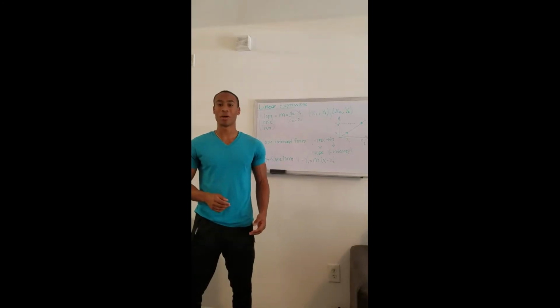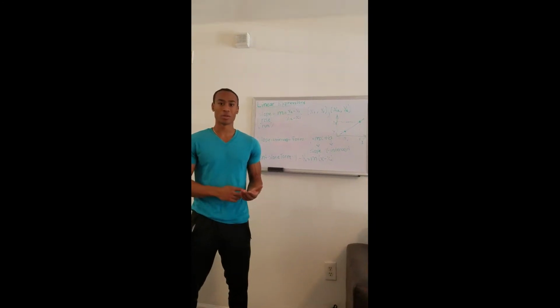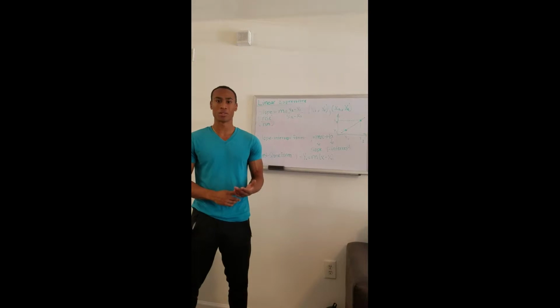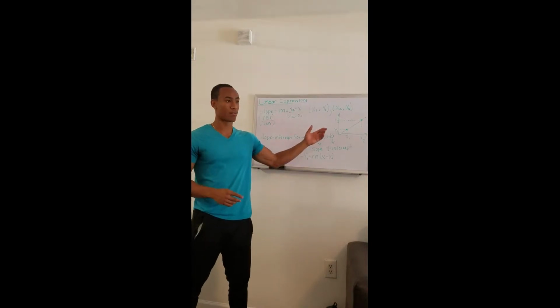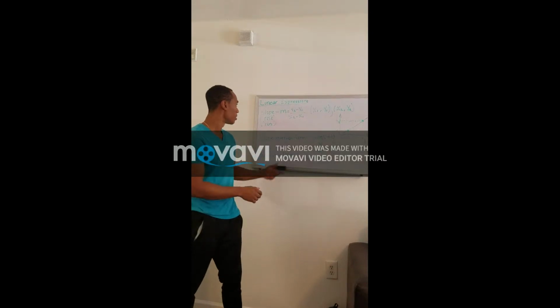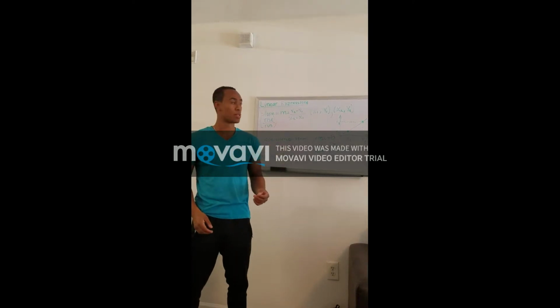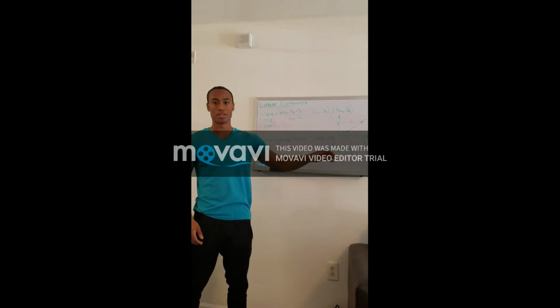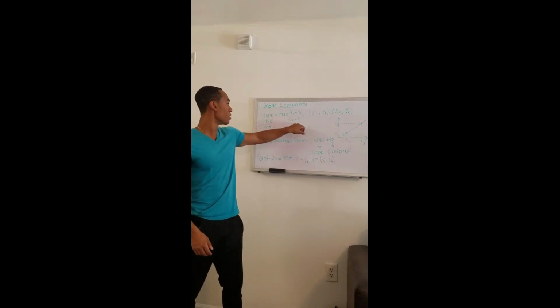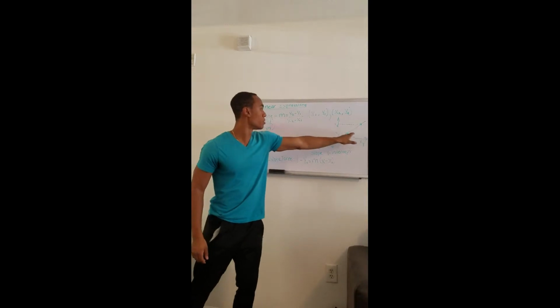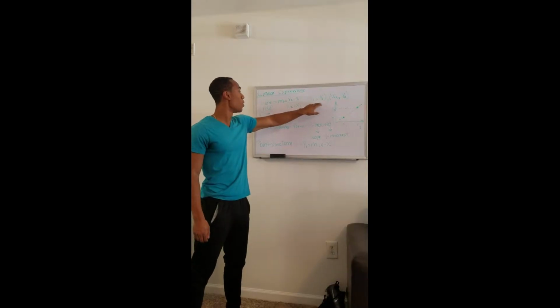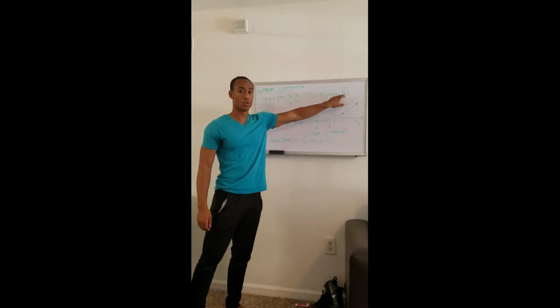Alright guys, now we're going to talk about linear expressions. Linear expressions describe the characteristics of a line on a graph, including the slope and the y-intercept. Okay, so now the slope describes the steepness of a line on a graph using this formula right here, given 2 points on a graph, x1, y1 and x2, y2.